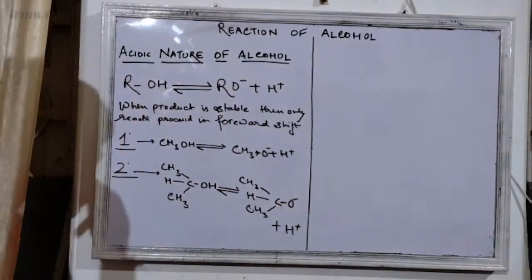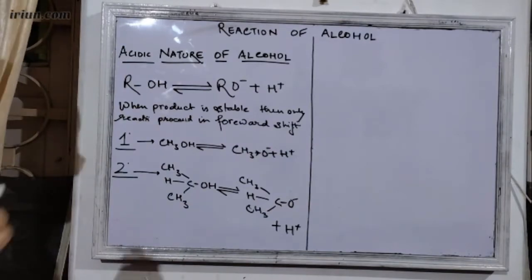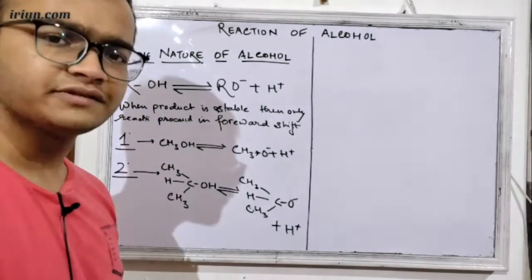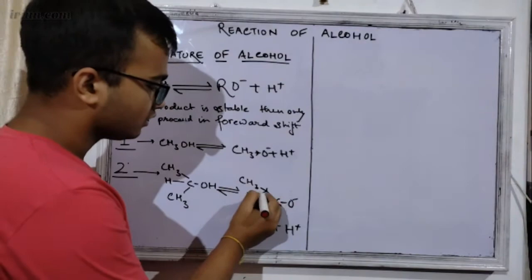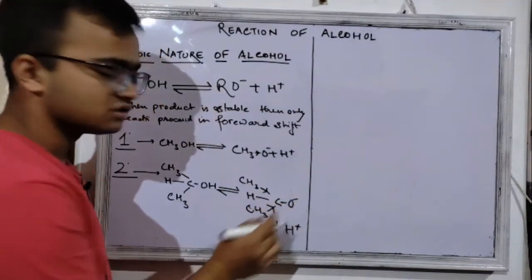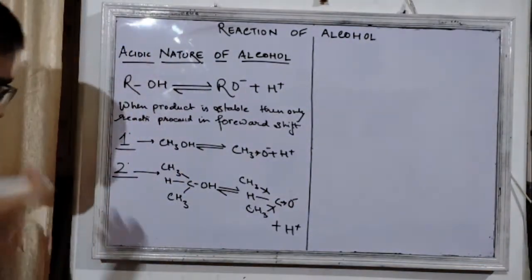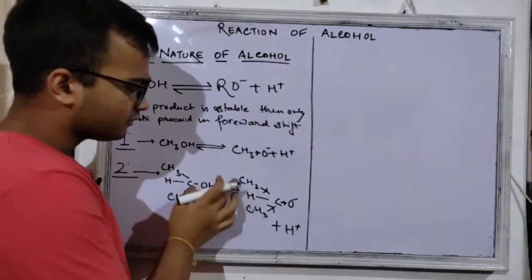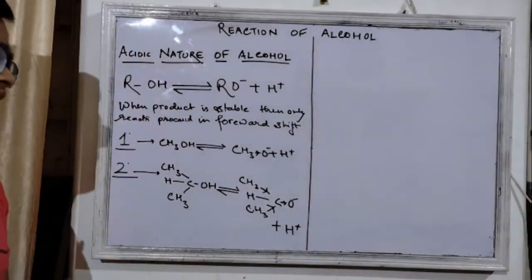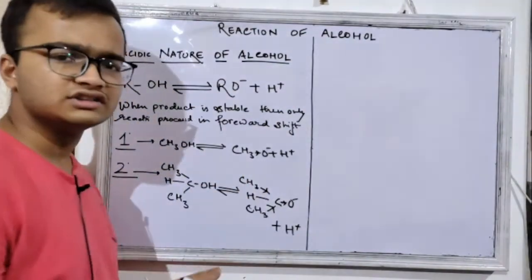Now here if you see there are two CH3 groups present, that means more inductive effect, that means more electron density is increasing on this oxygen, right? Hydrogen is not an inductive group, right? So presence of more CH3 group is making the electron density on the oxygen more.